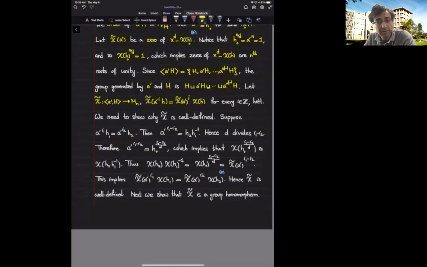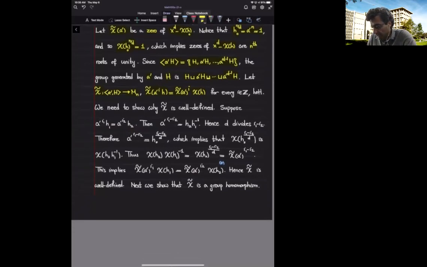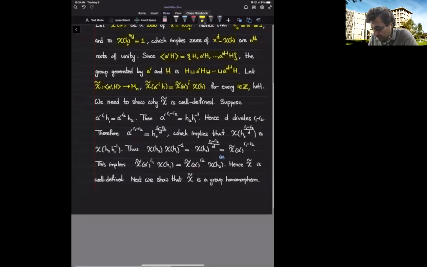Of course, I need to argue why it is well defined. Because here I am assuming that I can be anything inside this set of integers, so I can end up getting the same elements over here, and I need to argue why the right-hand side would be the same. So suppose A prime raised to the power I1 times H1 is the same as A prime raised to the power I2 times H2.